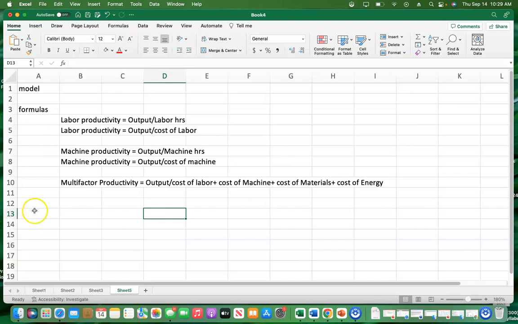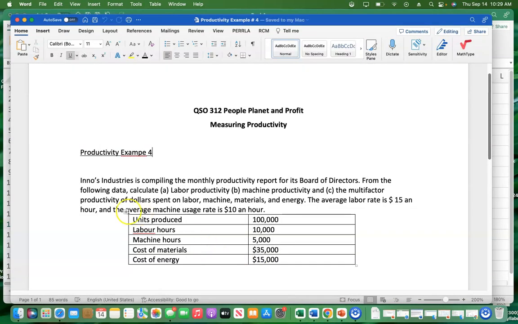So now we're going to consider the output. We're going to identify what the output is. If we go back to the question, you can see that we have output in terms of units. So we have 100,000 units produced.